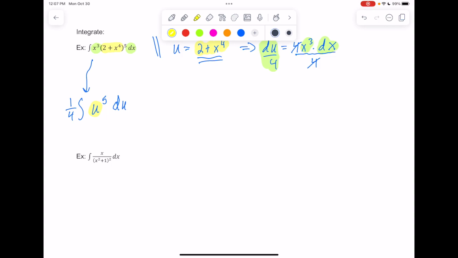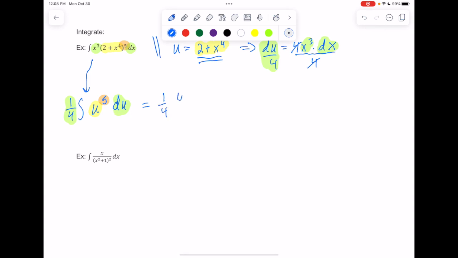We substituted in for that. The 5, which was the outside function, just stayed there. And then the x cubed dx became du over 4, and there's our du over 4 with the 1/4 factored out front.